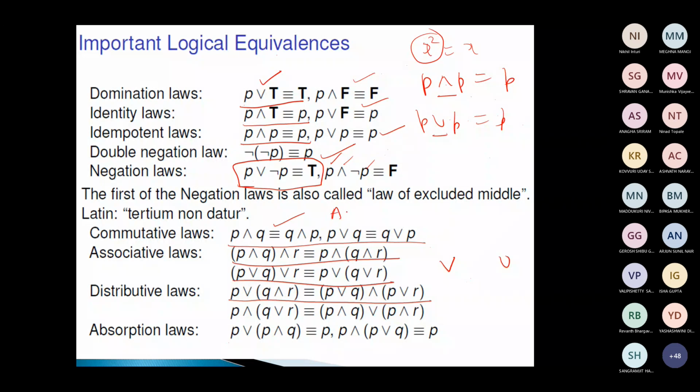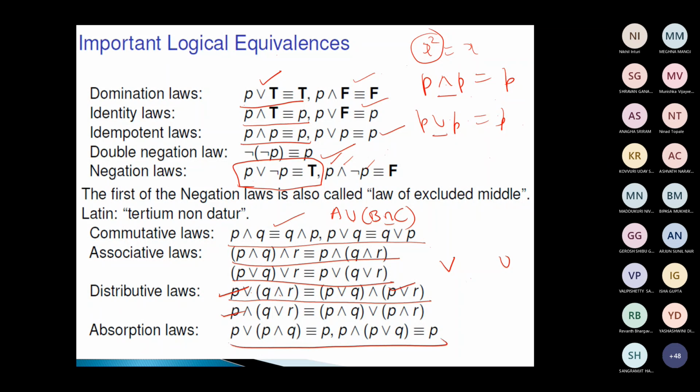Have you studied distributive law in set theory? A union B intersection C is A union B intersection A union C. So same way, P or Q and R is P or Q and P or R. So same way, intersection over union, and this is called union over intersection, and this is called intersection over union.